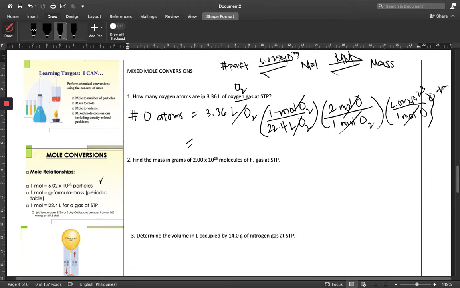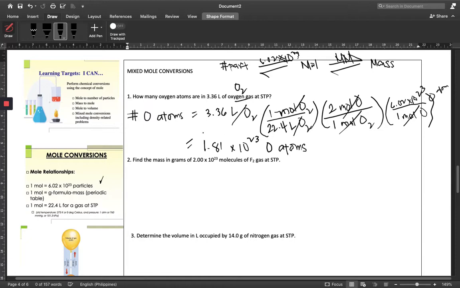Now, we have 3 significant figures in our given, so our answer should also be reported in 3 significant figures. That's 1.81 times 10 to the power of 23, and then the last label is O atoms.